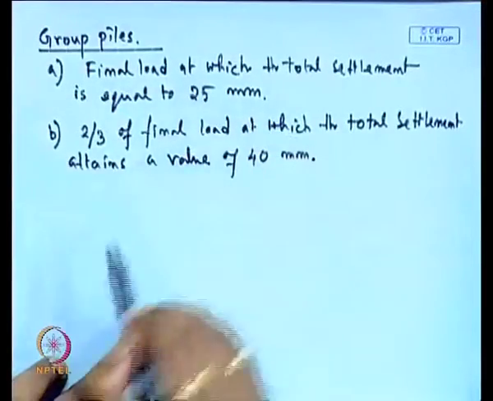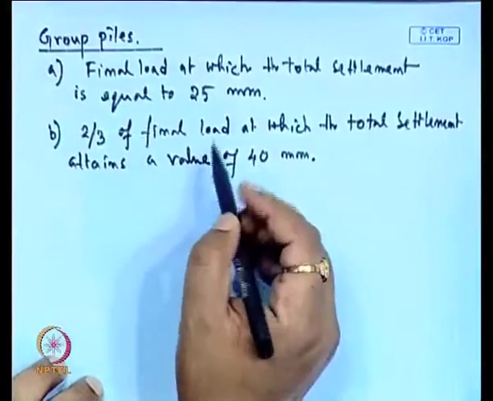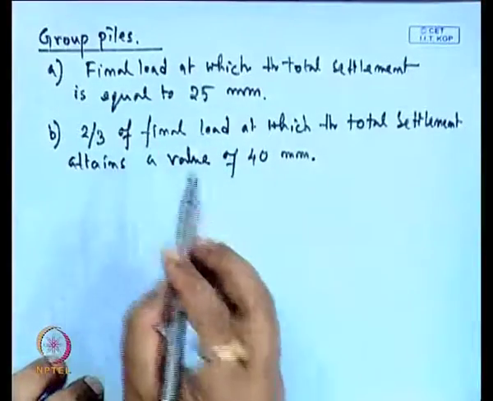The minimum of these two will be considered the allowable load carrying capacity of that group.